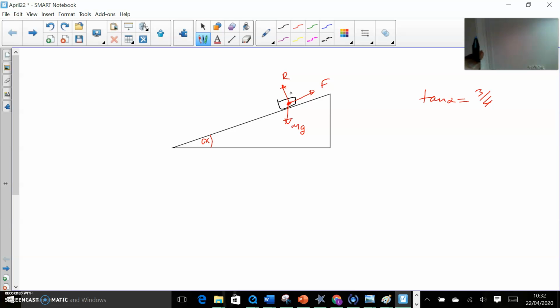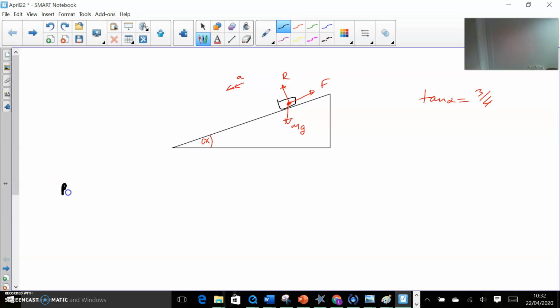Okay, and the first thing we want to find is the acceleration of the particle, so we'll call that a. And what we do is we use Newton's law. We're resolving parallel to the plane and perpendicular to the plane.